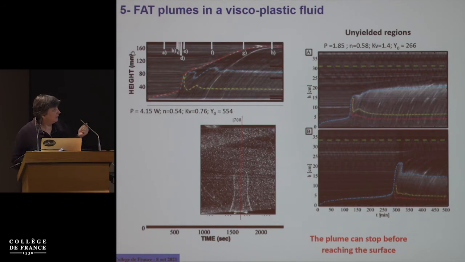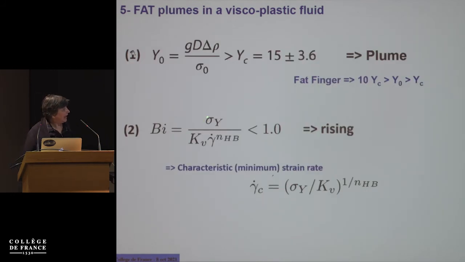But actually, when we looked more closely, we saw that there is a second criterion, in fact. And this time, it's on the balance between the yield stress and the viscous stress. To get something that is continuing rising or continuing descending, you need to have those viscous stresses that are bigger also than the yield stress.